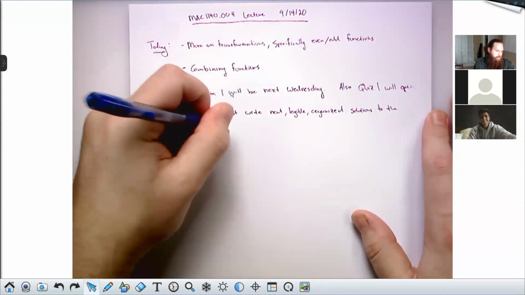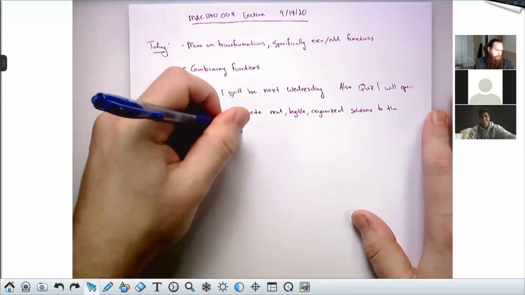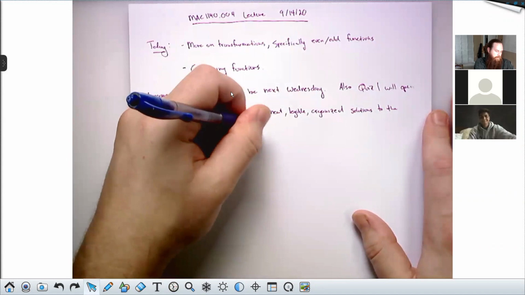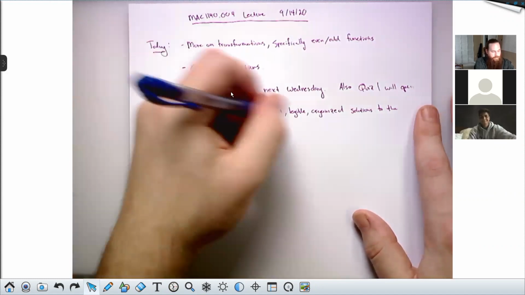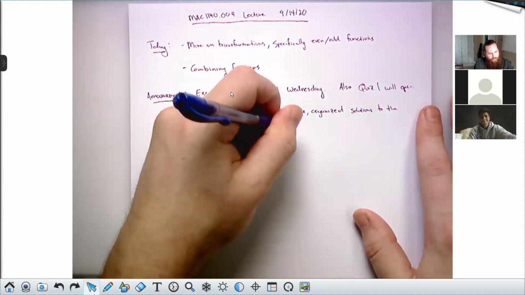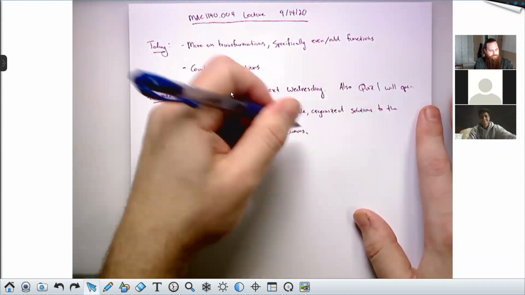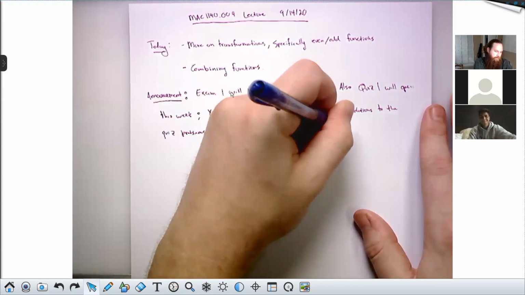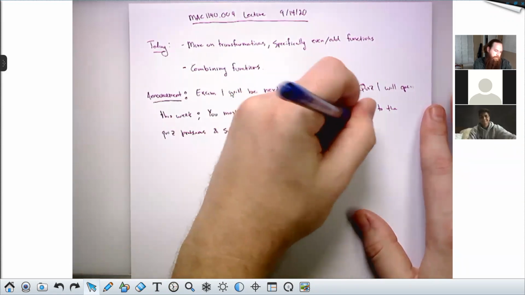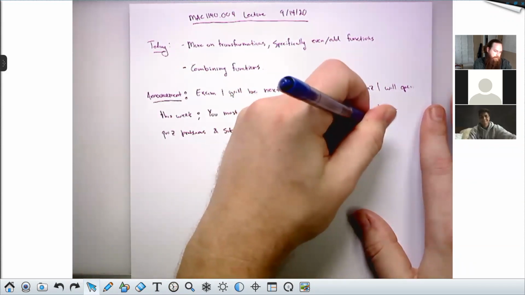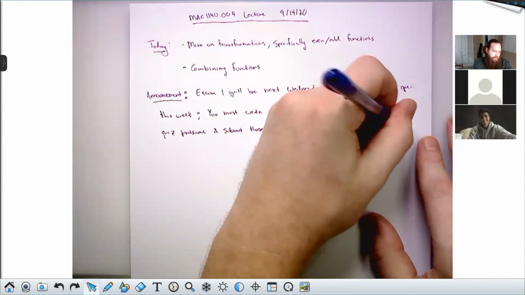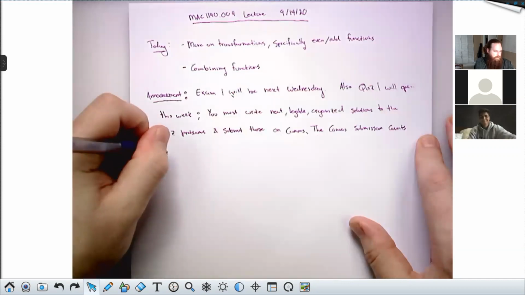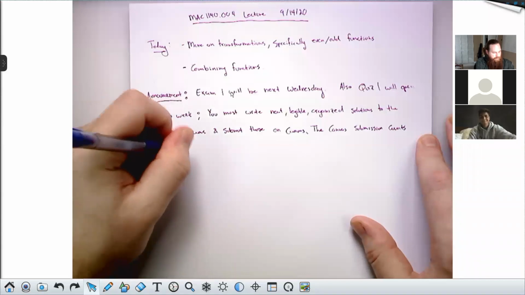And submit those scans of those solutions on Canvas. Thus, the Canvas submission counts as study guide one.